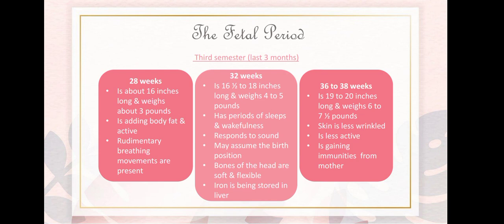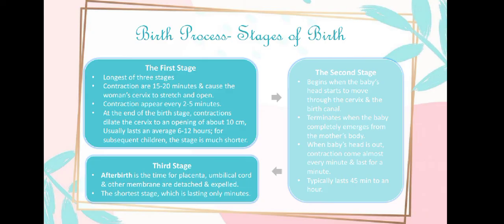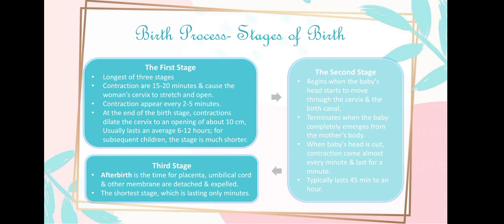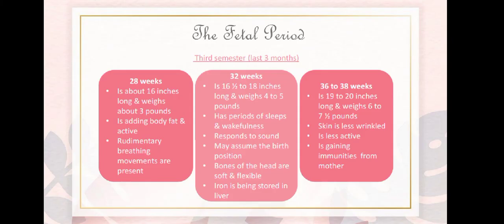So that's why they can't move much. So that's why it becomes less active. It's gaining immunities from the mother. So the immune system is passed to the baby from the mother. And then after that, the birth process.